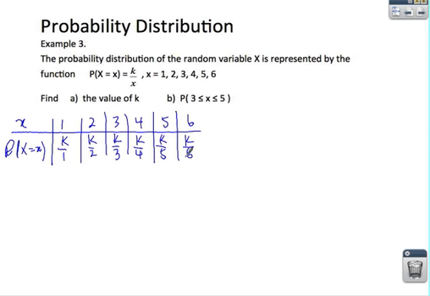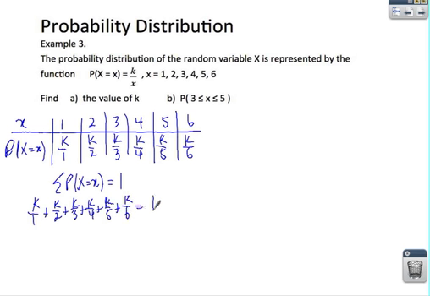And now to find the value of k, we use that important rule again, that the sum of the probabilities must add up to 1. So we can express this as k over 1 plus k over 2 plus k over 3 plus k over 4 plus k over 5 plus k over 6 adds up to 1. Obviously, to combine these, we need a common denominator.